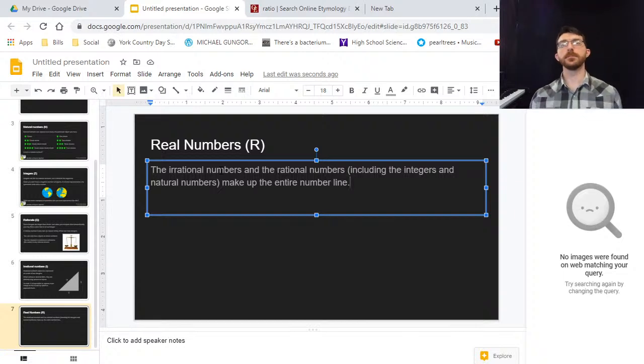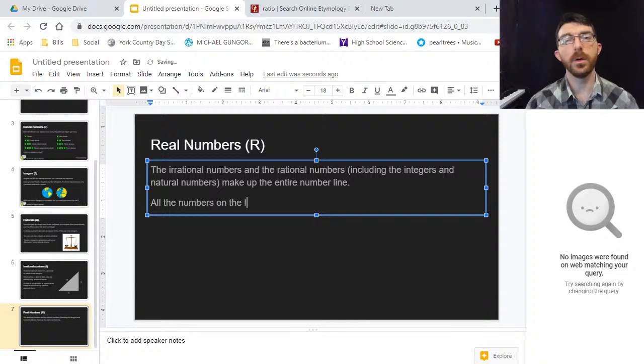Okay. All the numbers on the line are considered a real number.